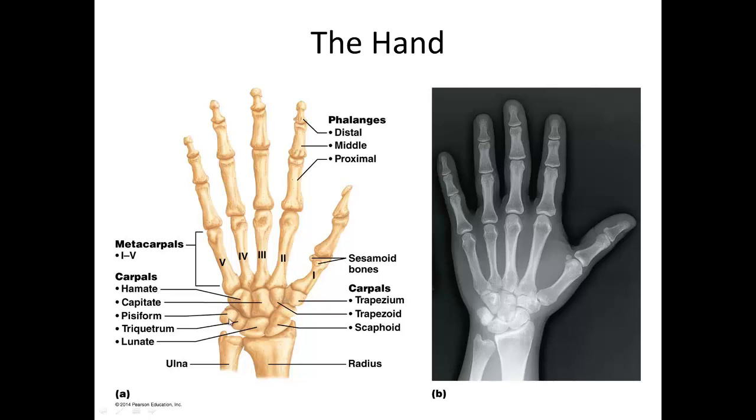So the most proximal group of bones, the carpals, we have 8 irregularly shaped bones that are arranged in 2 rows of 4. So the most proximal row has the primary articulation with the forearm, more specifically the radius. Starting laterally, we have the scaphoid.